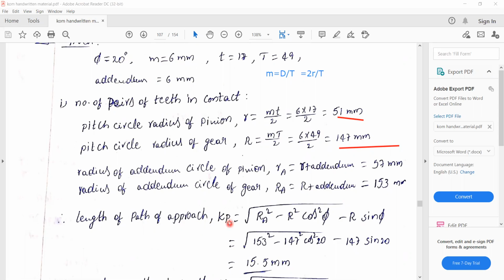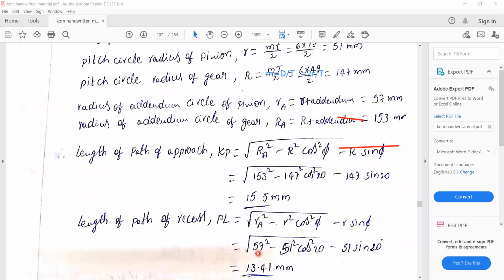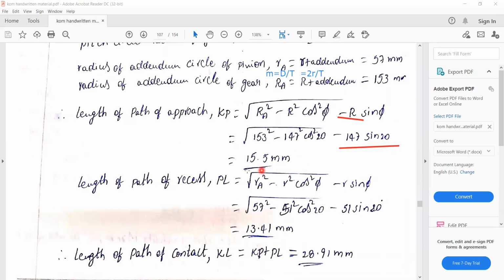Kp equals square root of Ra square minus R square cos square phi, minus R sin phi. Substituting the values and doing the simple calculation, the value arrives at 15.5 mm. Now we are going to find the length of the path of recess.